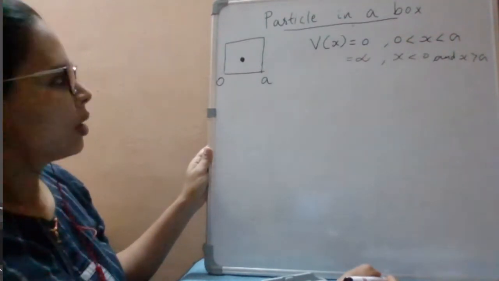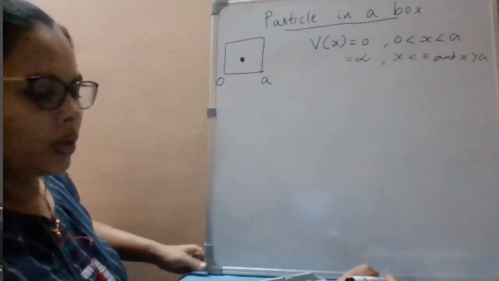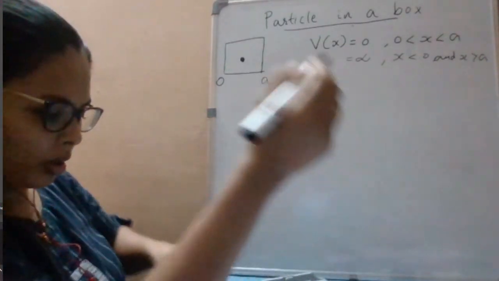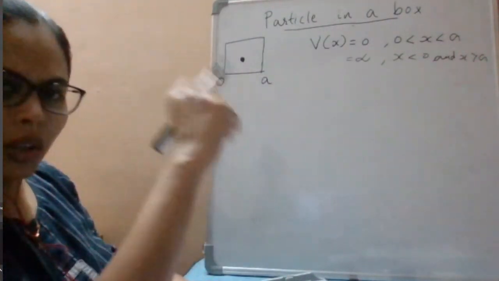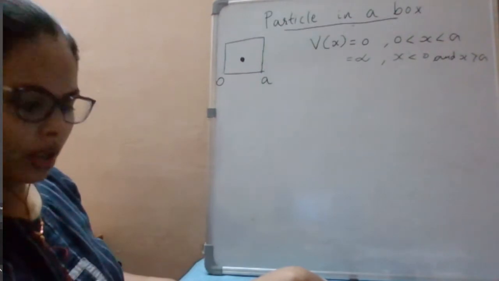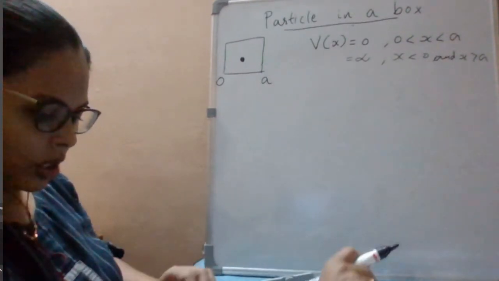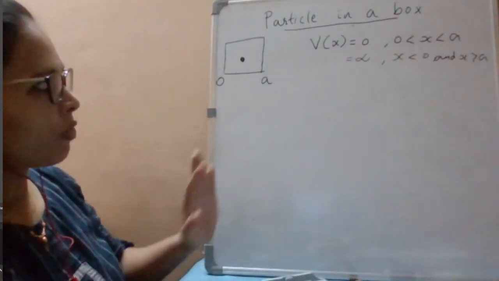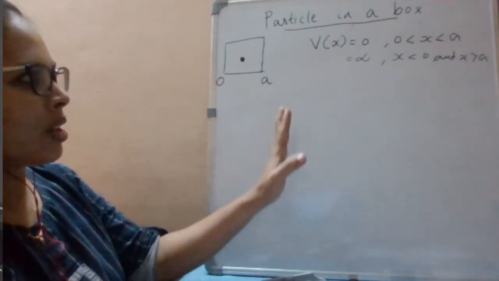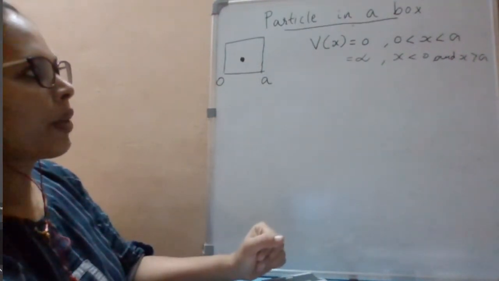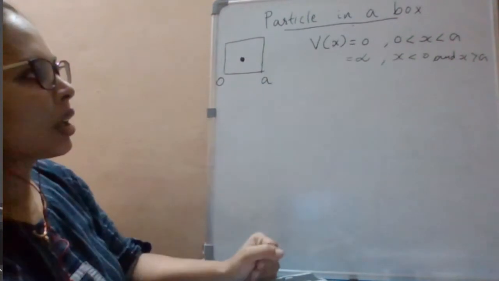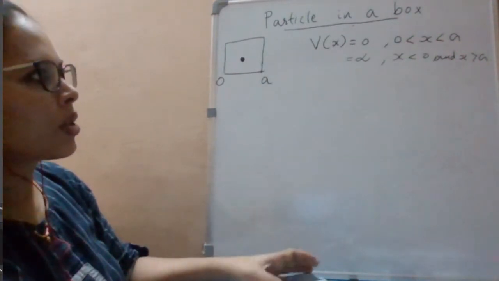Now what we have to do is write the Schrodinger equation. So according to our basic time independent Schrodinger equation, in order to find a solution for such a case, we have to avoid our potential, like what we did in the case of a free particle.